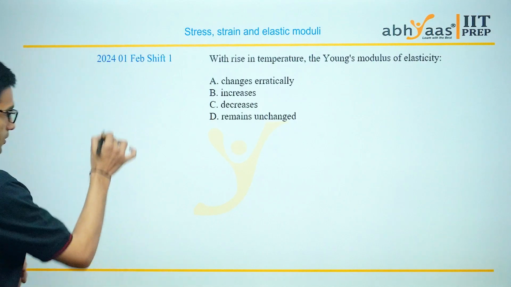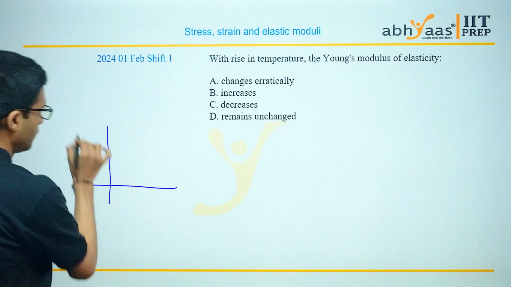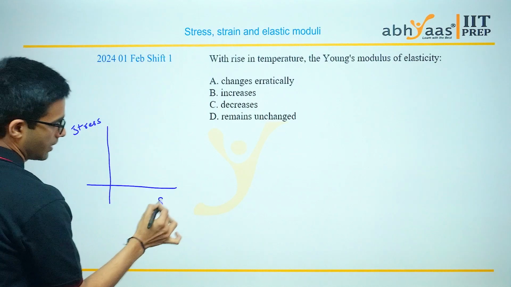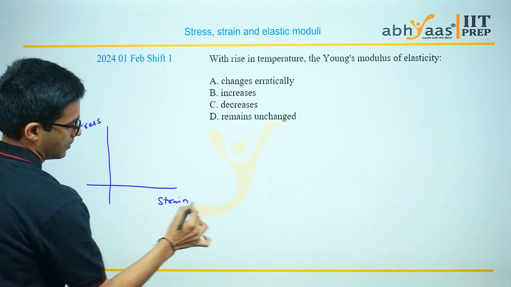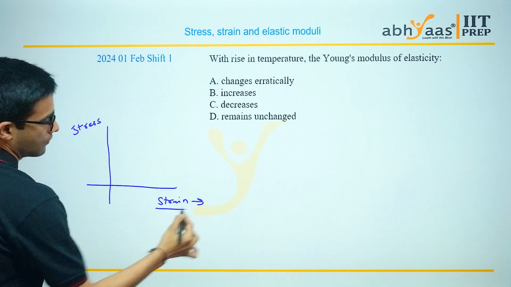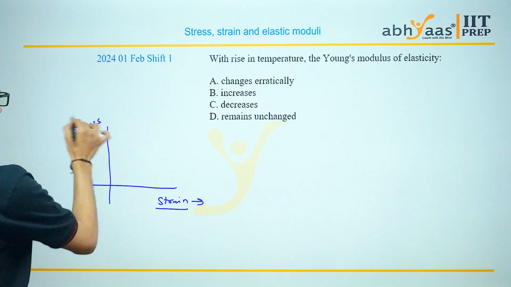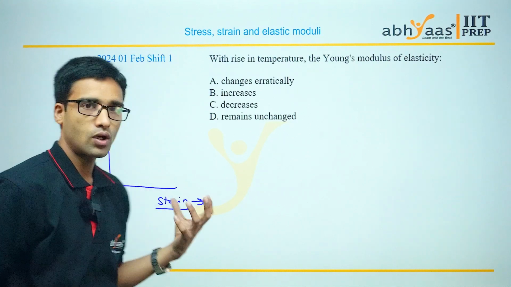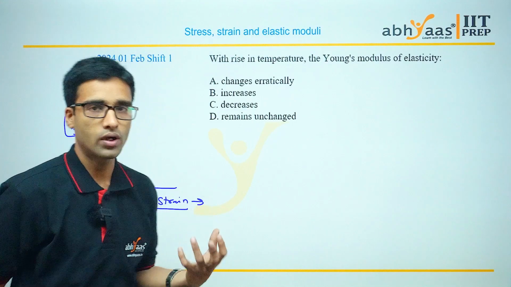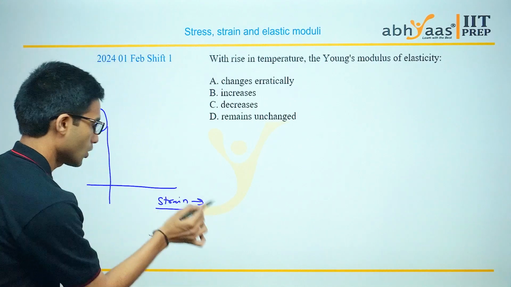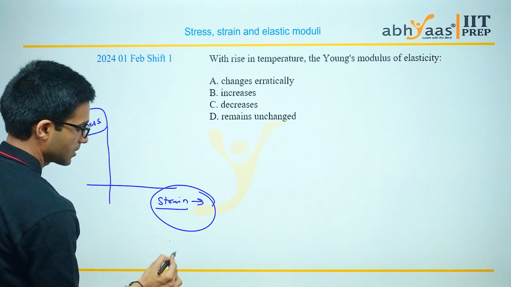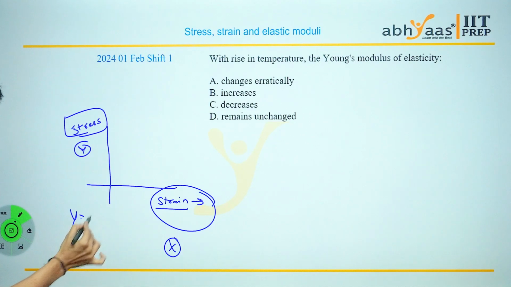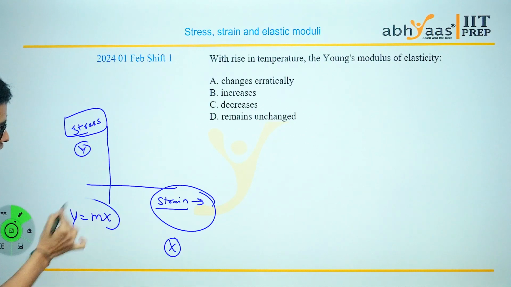Generally, if you draw the stress-strain diagram, here we write stress and here we write strain. Here we have to write the independent variable, here the dependent variable. Why? Because we are giving strain, the load and all the things. This is X, this is Y. Generally we have the equation Y equals mX.